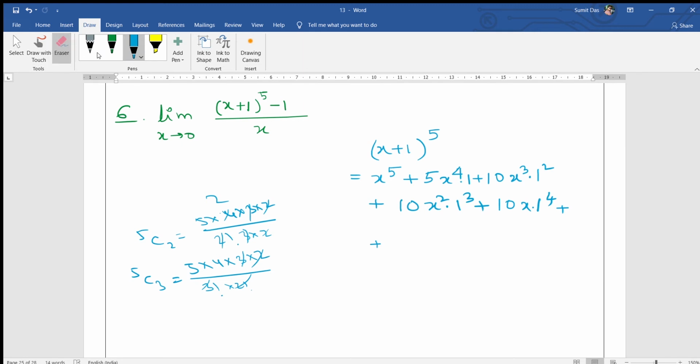And it will be 5, and then 1 to the power 5.